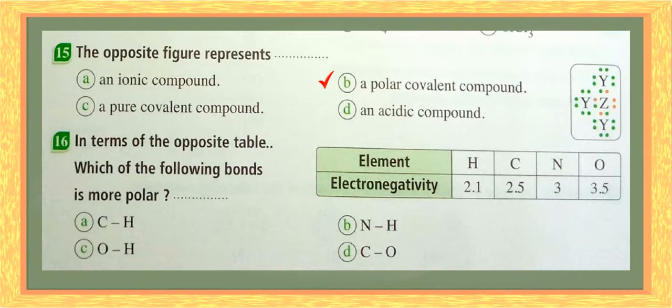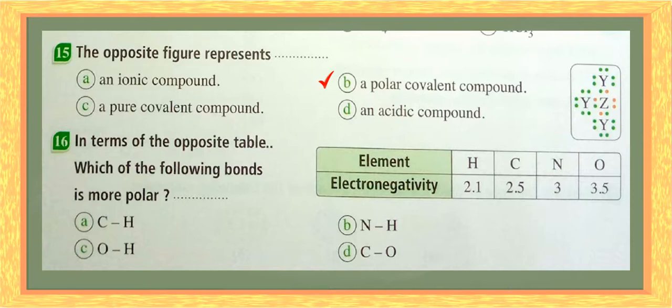Question 16. In terms of the opposite table, which of the following bonds is more polar? We have choices: hydrogen, carbon, nitrogen, and oxygen. Between carbon and hydrogen, if we make a subtraction, 2.5 minus 2.1 is 0.4.